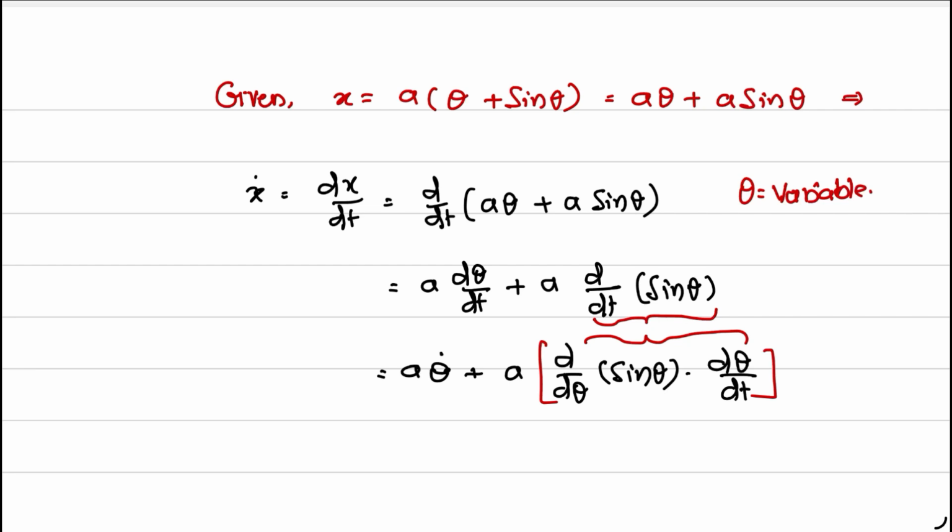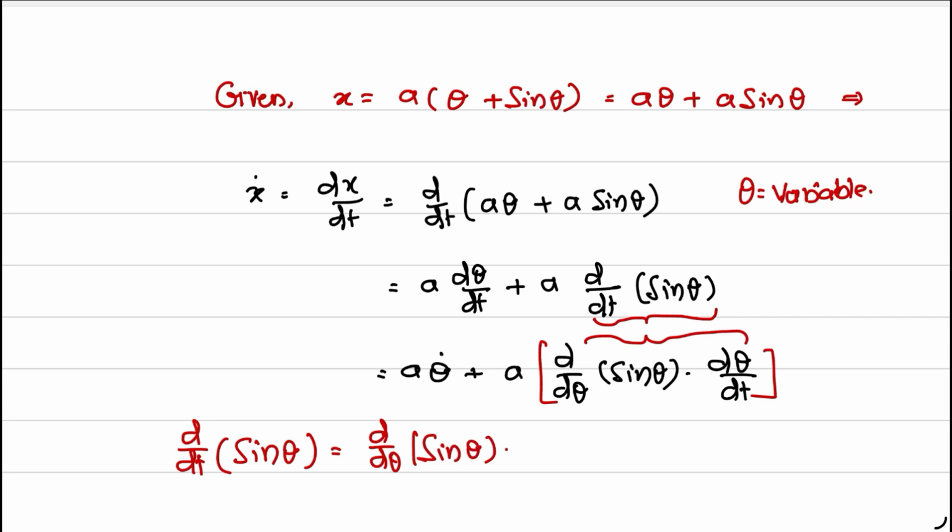Hence, d/dt of some variable. Sin theta is a variable. Theta is a variable, sin theta is a variable. Some variable means d/d theta of sin theta, that particular value, into d theta/dt. Here d/dt of sin theta, because theta is a variable, is equal to d/d theta of sin theta.